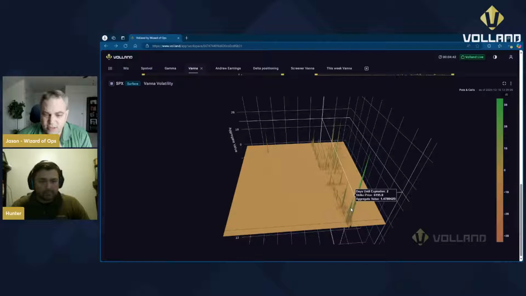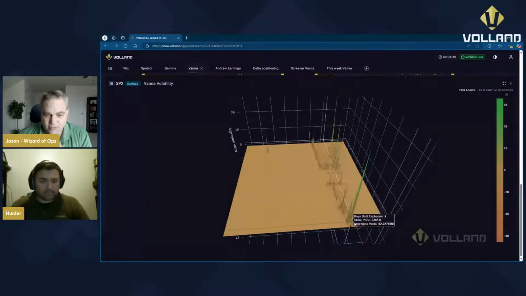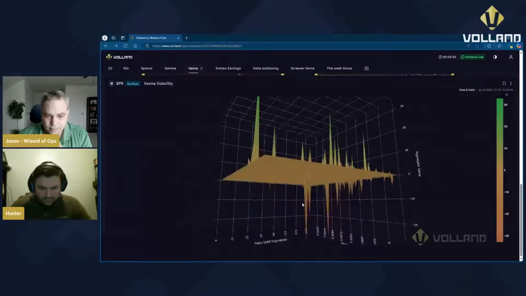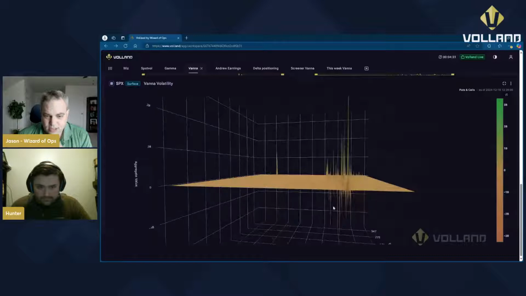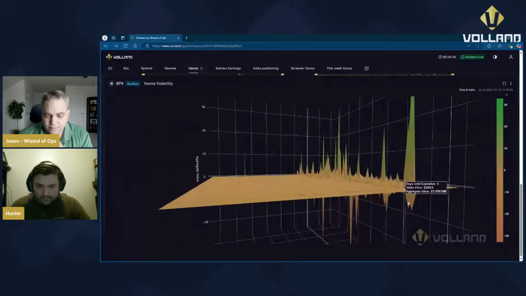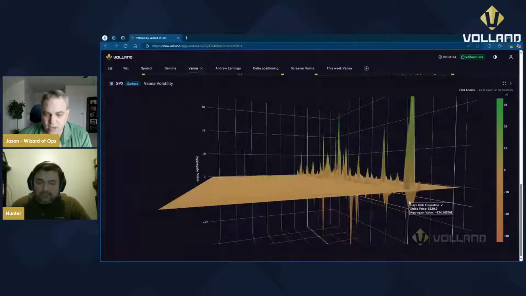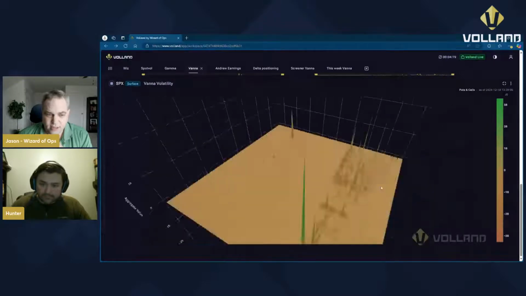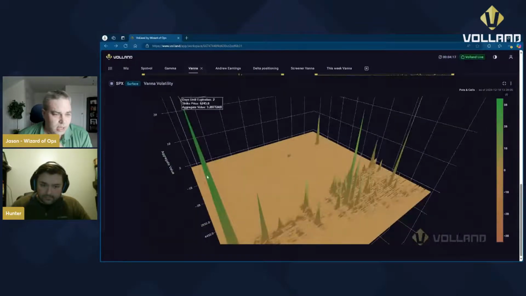Big spikes right here, 6,200, right? That's where we see the positive. We do see some negative down here. And this is all in the monthly expiration. This is kind of why I said 6220. Yeah, so I mean, this spike right here, I don't think we'll get up to 6250.